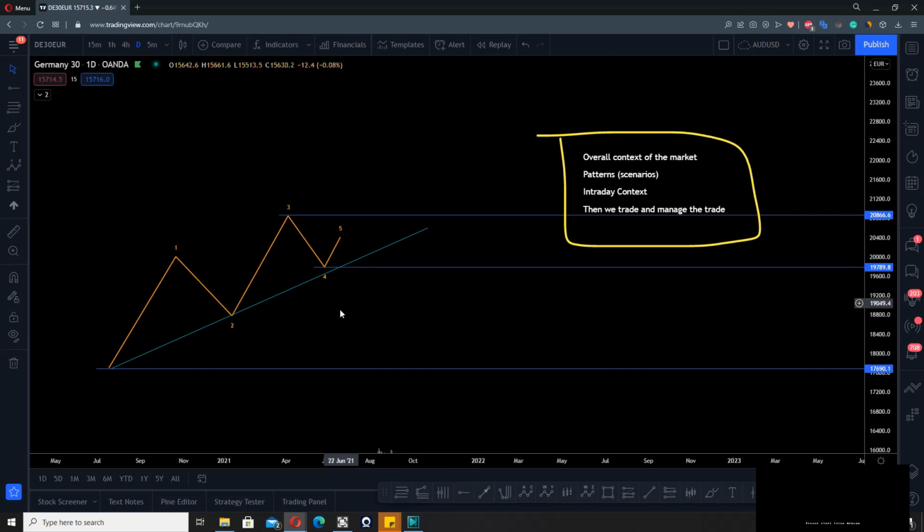In other words, validated. Well, no one knows with certainty, because we can't read the future. So this is where the intraday context comes into play. You have to figure out who's in control intraday and look for confirmations that the pattern is starting to turn and validate itself.